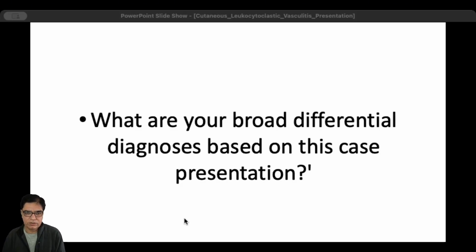Though there are some other features which are missing in this particular case, not everything is present in every presentation of an illness. But one thing which is present in 100% of HSP cases is the characteristic rash. So you're very fine. HSP could be one of the differentials and one of the commonest things that can present this way. Yes, any other differential?